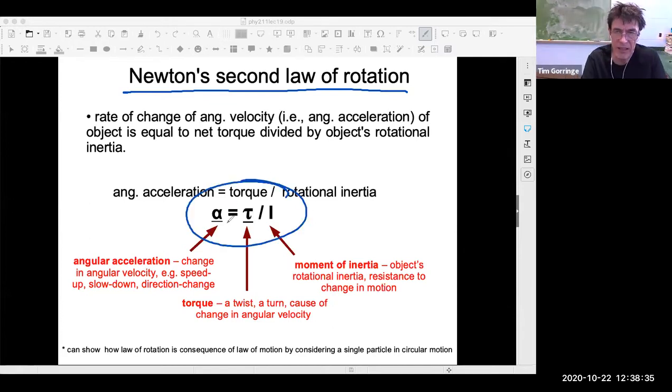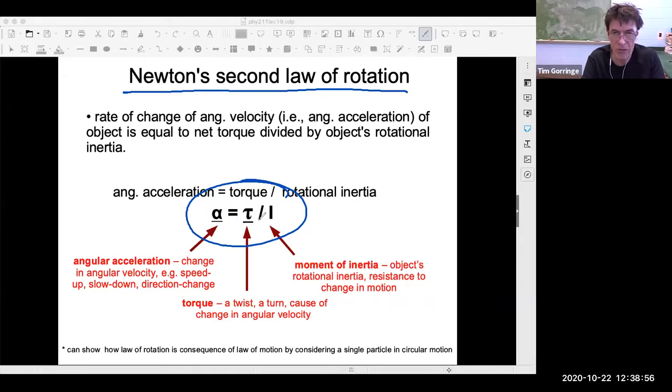And it says that the angular acceleration of a rigid body is equal to the torque that's exerted on the rigid body divided by this moment of inertia, or rotational inertia of the rigid body.